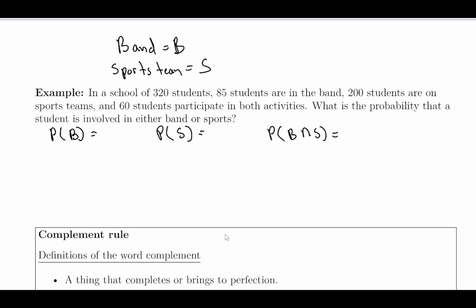So since it's possible that one student could be in band and in sports team, that's why it's not mutually exclusive. So for this one, how many people do we have in band? Cool. 85. How many people do we have in sports?